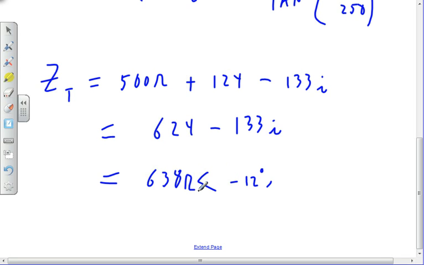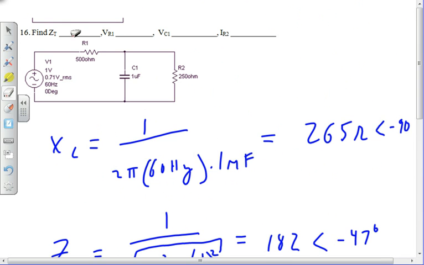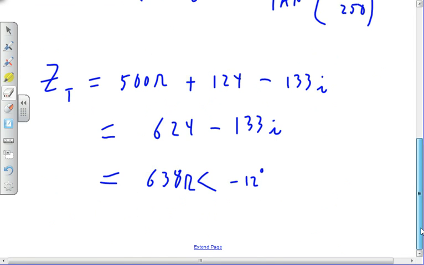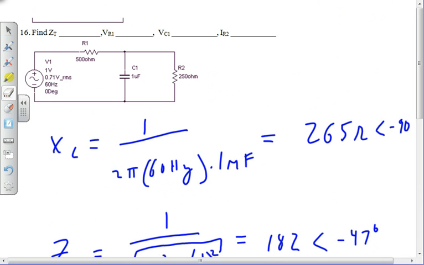All right, so what am I looking for? Anybody know? I want the total impedance, so I've got it. I'll go with 638 ohms angle minus 12.